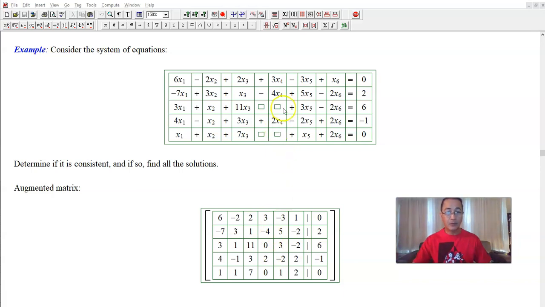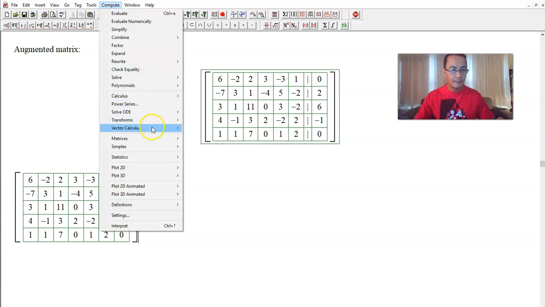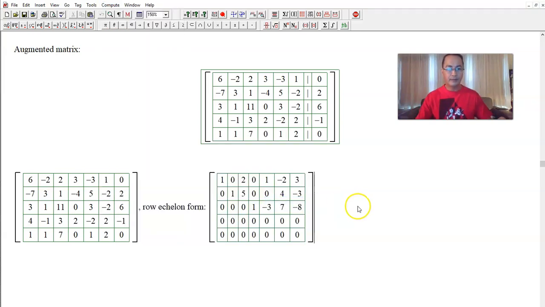So if a coefficient or a variable is missing, that should be a 0. Okay, so let's find the REF. Okay, so of course, as usual, we have to erase the vertical bars, and then we compute matrices and REF. Okay, so there is the REF.